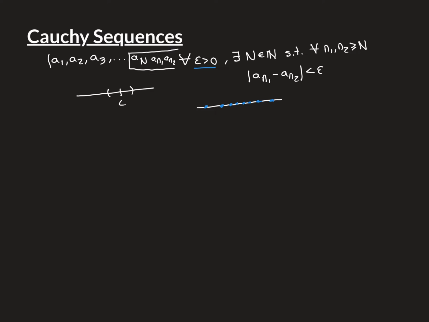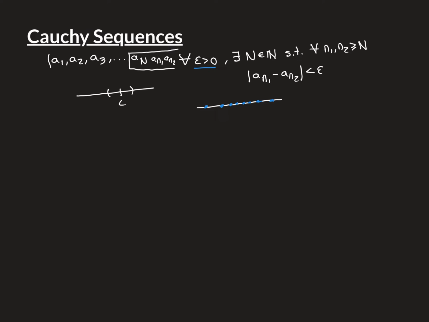So it's going to be a sequence within the rational numbers, and it's still going to obey the Cauchy criterion in the rational numbers, but the limit that it's converging to, the point that it's actually getting closer and closer to, isn't actually in the rationals. So it's actually converging to something that doesn't exist there, a hole. So it's not convergent. It doesn't have a limit in the rational numbers. So in the rational numbers where there are holes, Cauchy sequences aren't all going to be convergent, but in the real numbers where everything's complete and there are no holes, it will turn out that all Cauchy sequences are convergent.